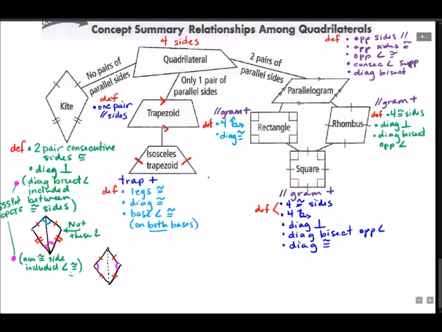And again, that is just side, side, side postulate and CPCTC. So our congruent sides, the included angles are bisected by the diagonal. Our non-congruent sides, the included angles are simply congruent.